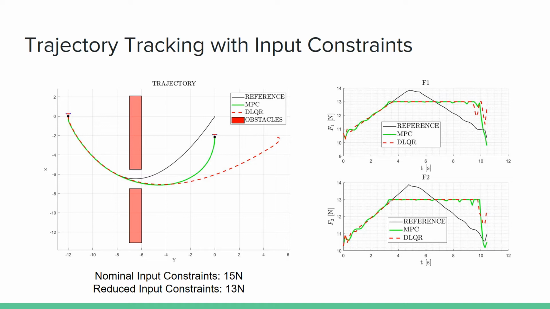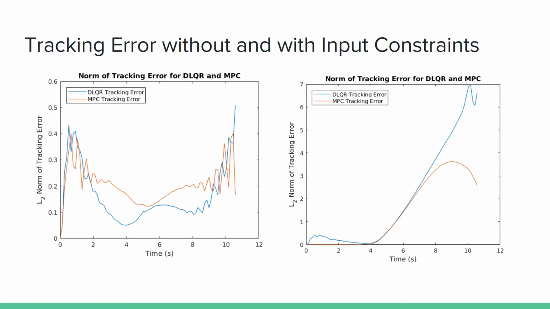On the right, we see the plots for the two inputs, F1 and F2, and we see that the control inputs are within the input bounds for the MPC controller. Here are the tracking error plots for the first case with no input constraints and for the second case with reduced input constraints.